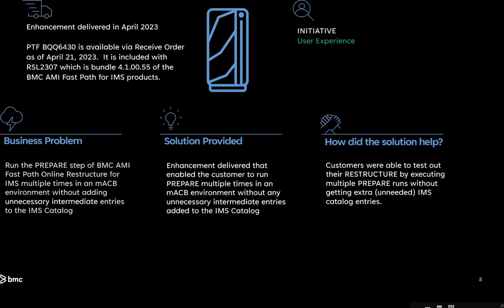If we are to generalize this, unnecessary intermediate entries were getting added to the IMS catalog, and we delivered an enhancement that stopped the addition of those unnecessary extra entries into the IMS catalog. Again, we categorized that this initiative would better fall under user experience, because that's what it helped do for the customer. It provided a better user experience for the customer.